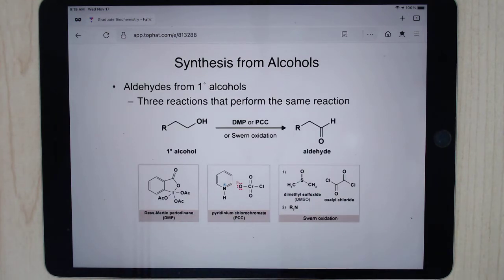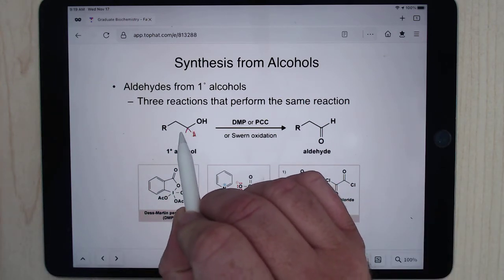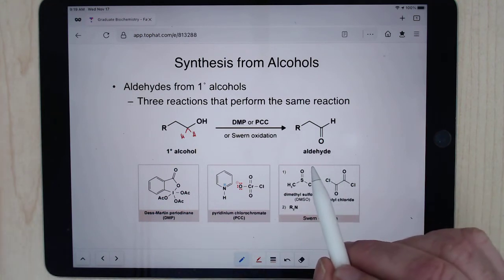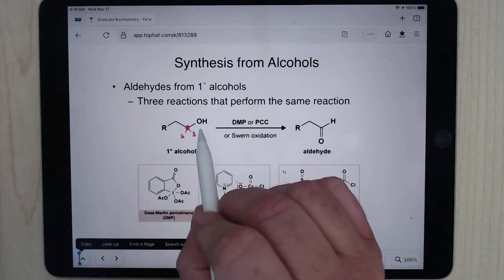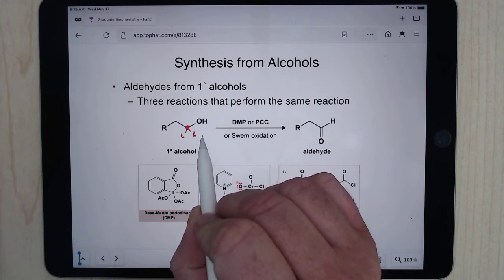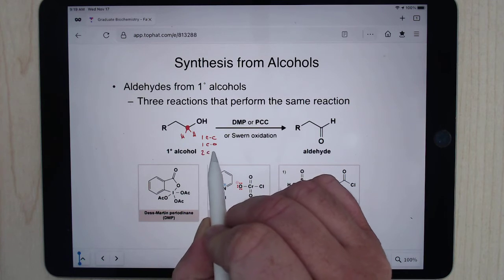So if we want to make an aldehyde, one of the things we can do is make them from primary alcohols. In doing so, what we're going to be doing is converting CH bonds into CO bonds. If we look at this carbon here, we're going to have one carbon-carbon, one CO, and two CH.